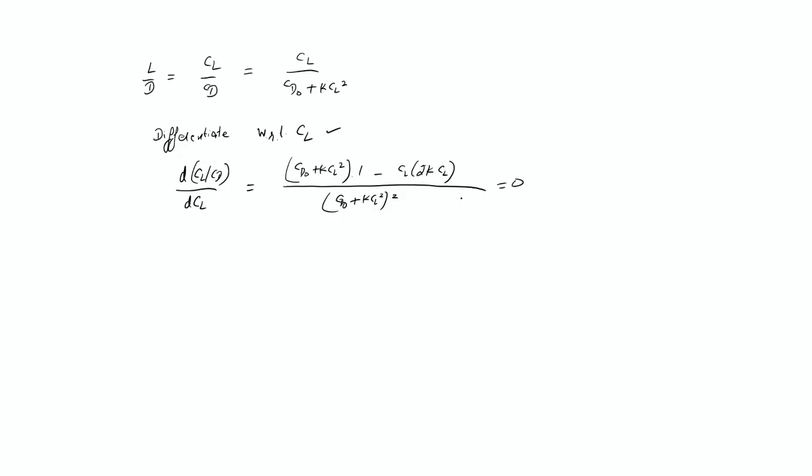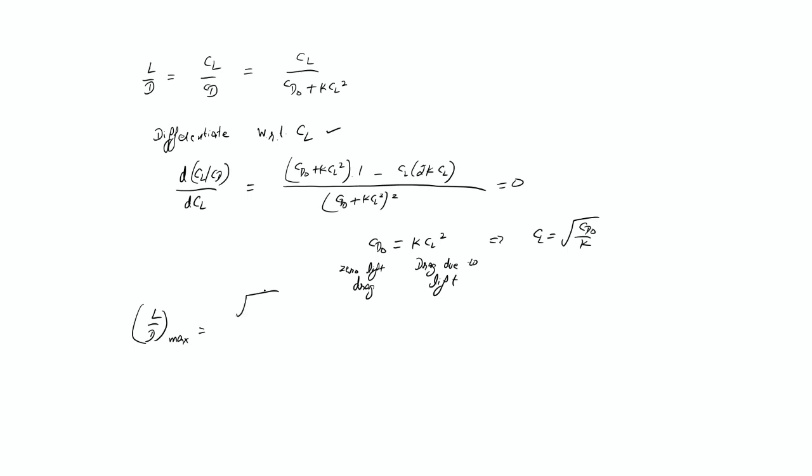If you solve this equation, finally you will get CD naught equals K CL square, that is, CL equals root of CD naught upon K. Here CD naught is the zero-lift drag, so please do not forget, this is zero-lift drag, and this was the drag due to lift, K CL square. Alright, drag due to lift, and finally we get L by D maximum.